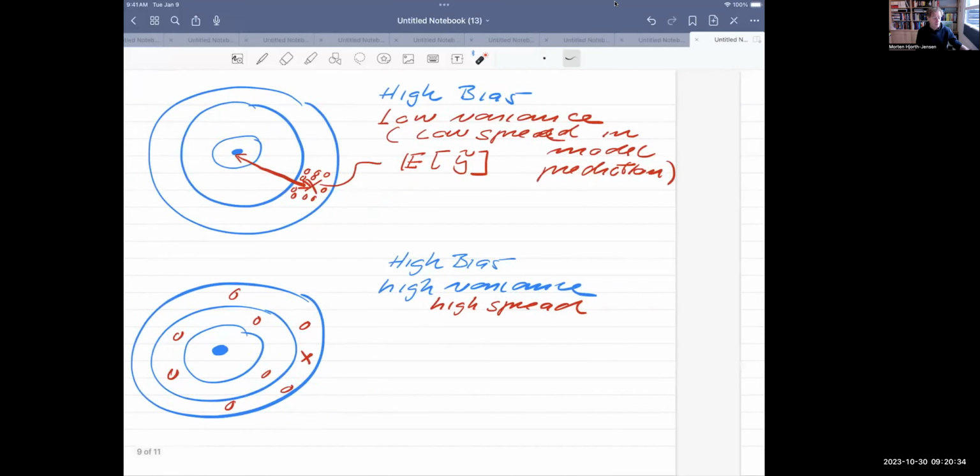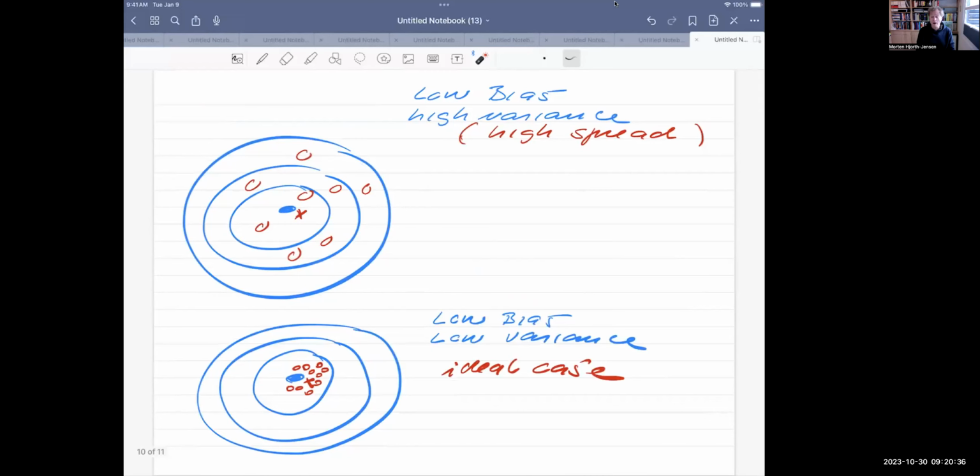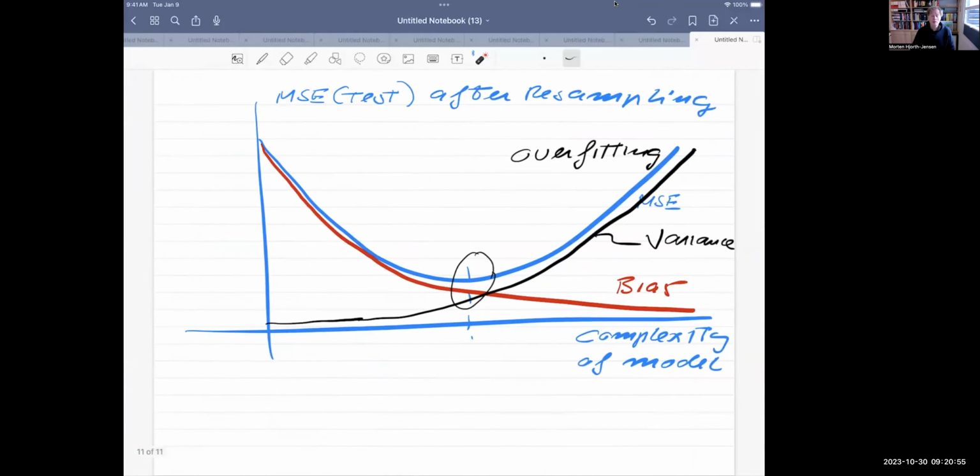So the ideal is actually that we would like to have a low bias and a low variance. That's the ideal case. We want to have a mean value of the model prediction which is as close as possible to the data we want to reproduce, and at the same time, we want to have as little spread as possible in the model. And a large spread means a large variance.